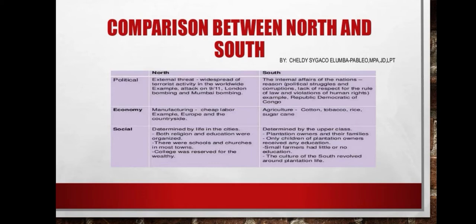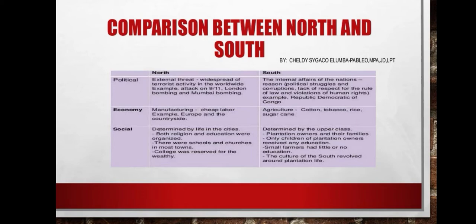There were schools and churches in most towns in the North, while in the South, small farmers had little or no education. The culture of the South revolved around plantation life. So it means that only when you are rich do you have education, but when you are poor, you just stay planting.